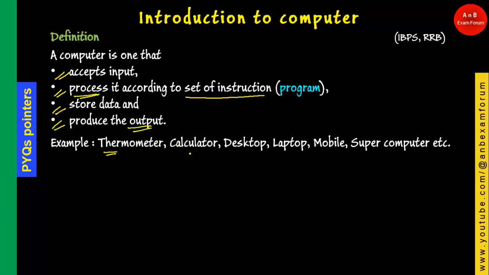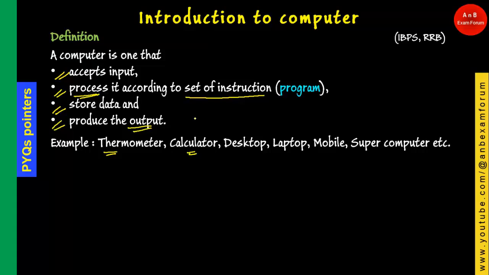Coming to the next example, calculator. Okay, everybody uses a calculator. I'm not talking about the calculator which is in your PC right now. I'm talking about the calculator which is basically a separate device which has buttons in it. Okay, so if you press a button, it acts as an input.